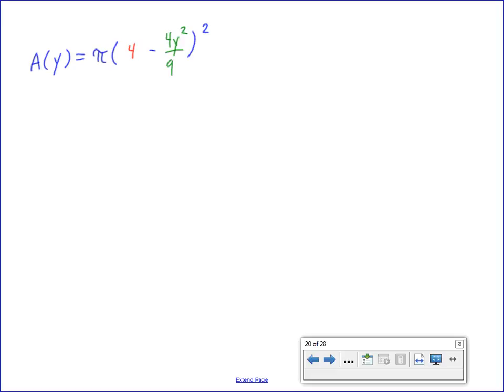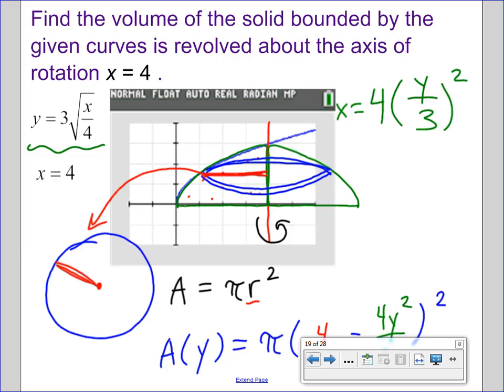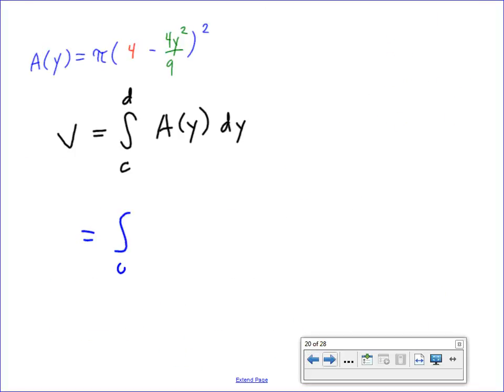I know my volume V will be given by the integral from least most y value to greatest most y value of my region, the area of a typical cross-sectional slice with respect to y. In our particular case, the least most y value is what? 0, to greatest y value is 3. Awesome. So we'll integrate from 0 to 3.